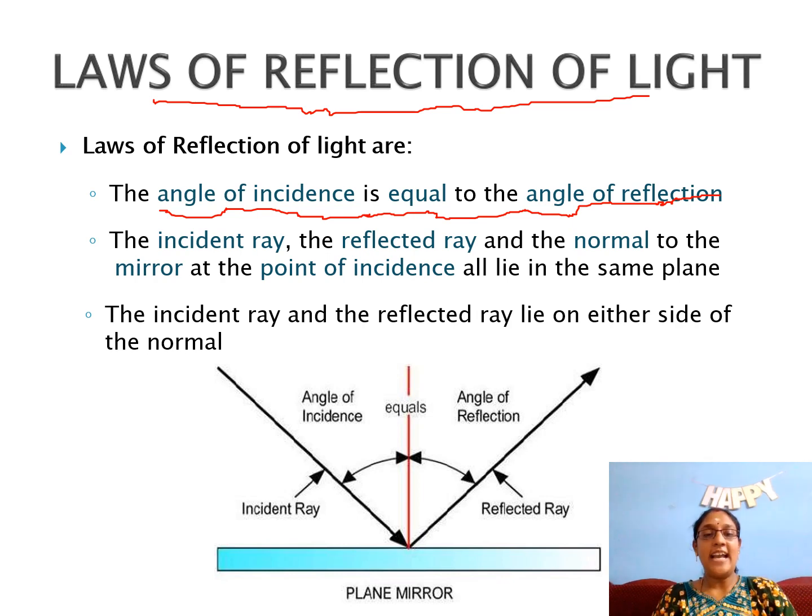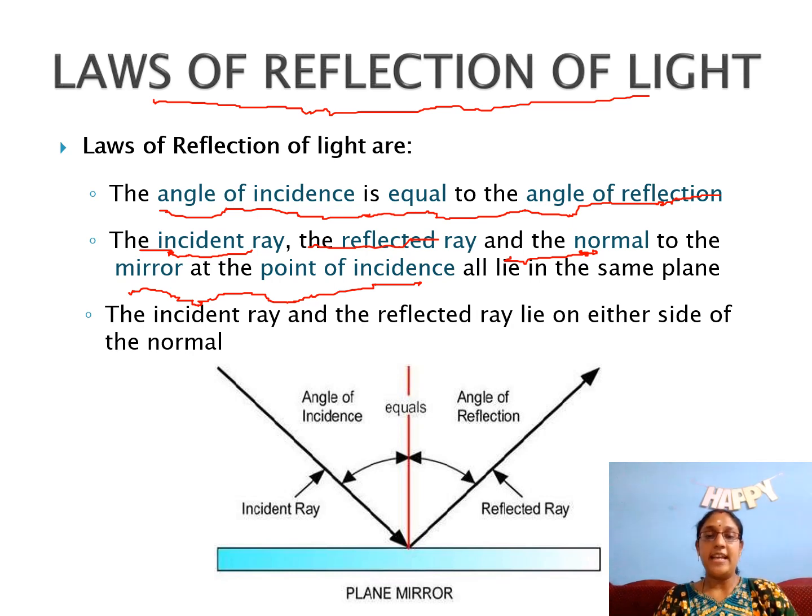The incident ray, the reflected ray, and the normal to the mirror at the point of incidence all lie in the same plane. Can you see it? Your incident ray is on the same plane, your reflected ray is on the same plane, your normal line is also on the same plane.